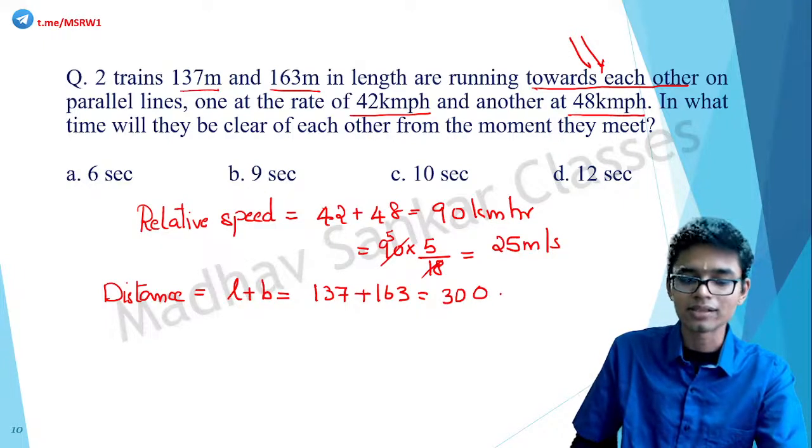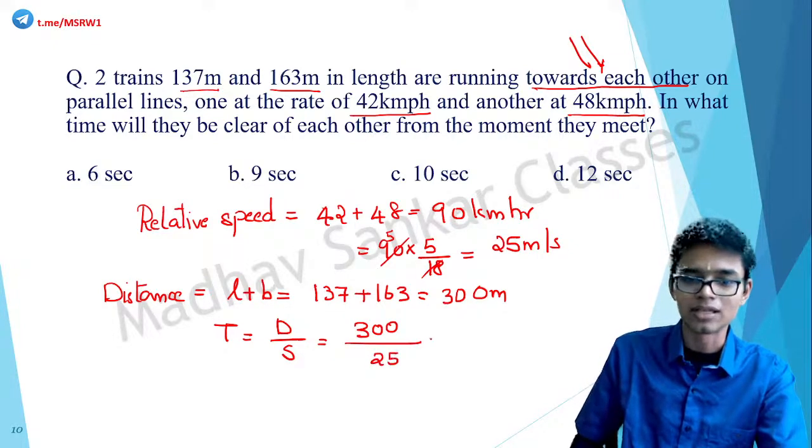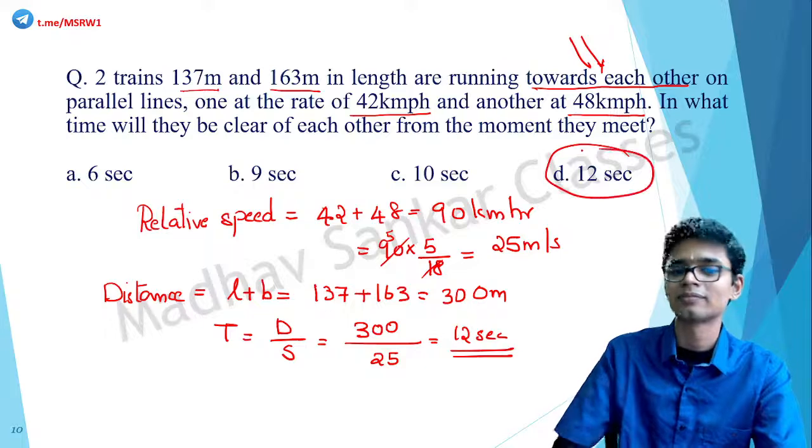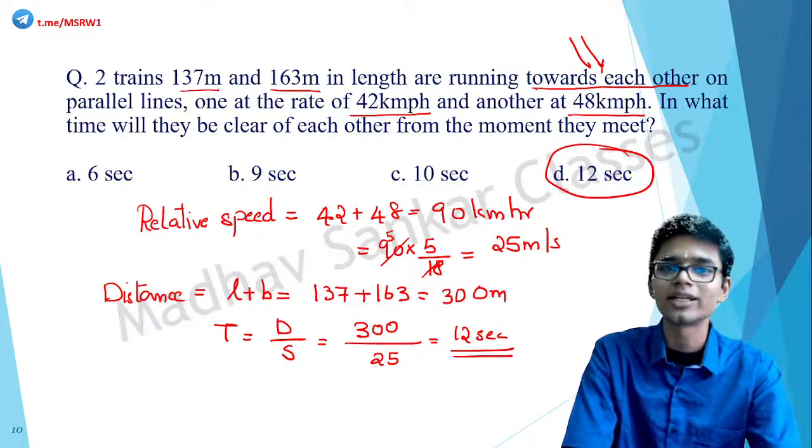Correct? The length is 300 meters. Now, time is equal to distance by speed, which is equal to 300 divided by 25, which is equal to 12 seconds. Got it?